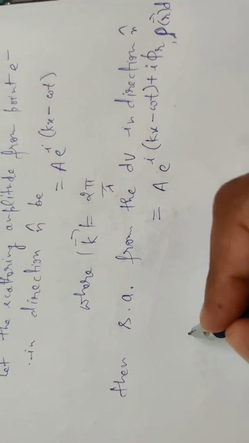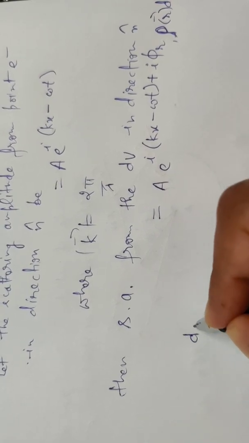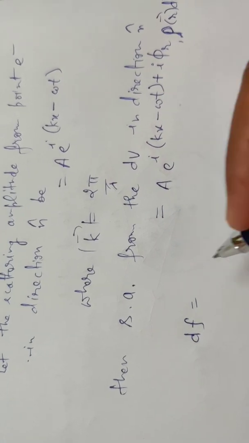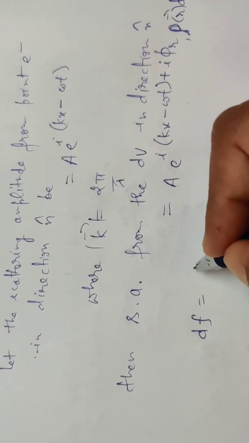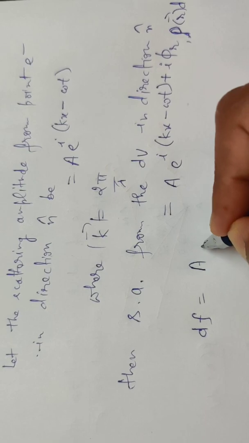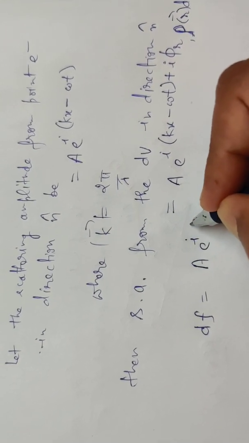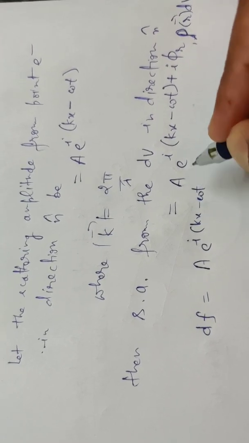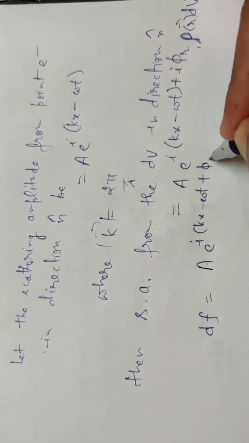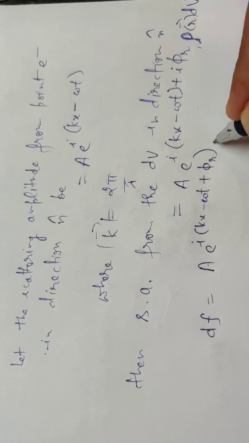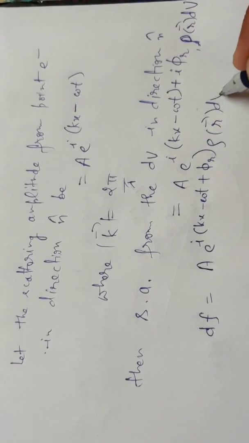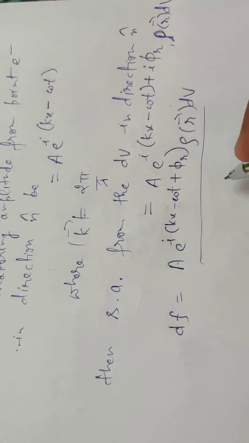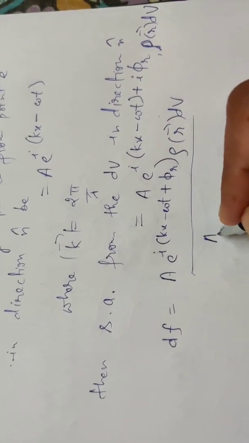Therefore, by definition, the atomic scattering factor will be the amplitude of waves scattered from the atom, e raised to power iota (kx minus omega t plus phi r) into rho r dv, divided by the scattering amplitude of the wave from a point electron at the origin, which will be a e raised to power iota (kx minus omega t).